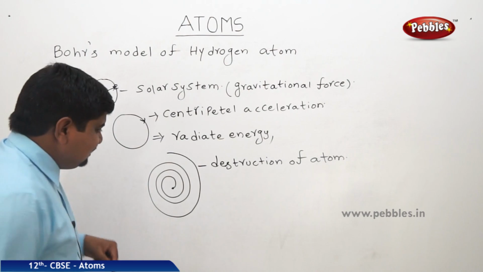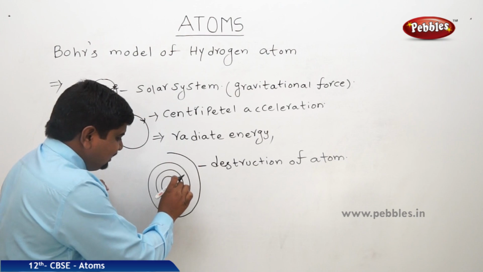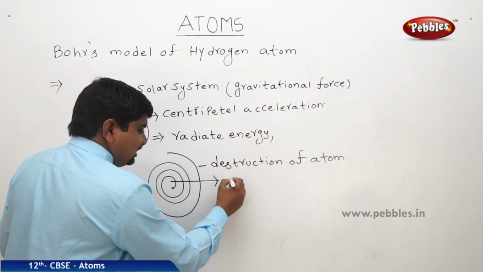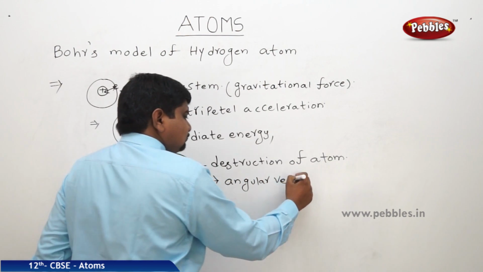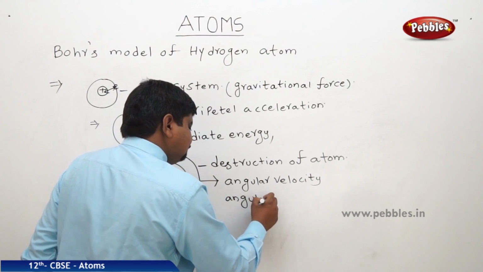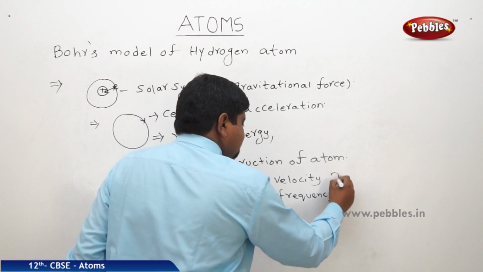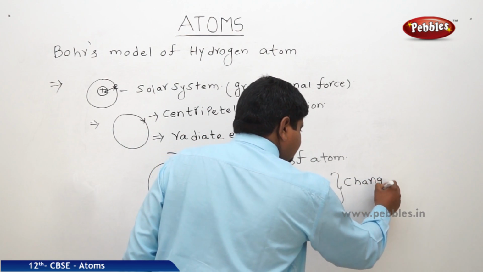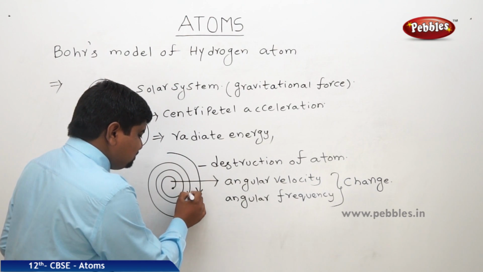One more thing: when the electrons are in the spiral path and approaching the nucleus, there is a possibility for a change in angular velocity and angular frequency. These two will change, because in the spiral path the electron is approaching the nucleus.